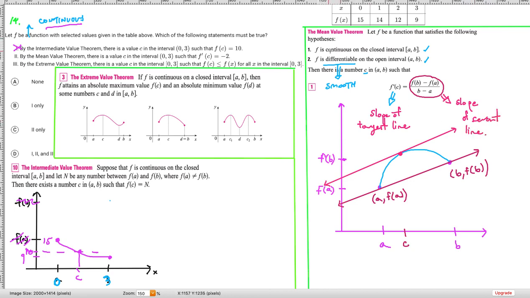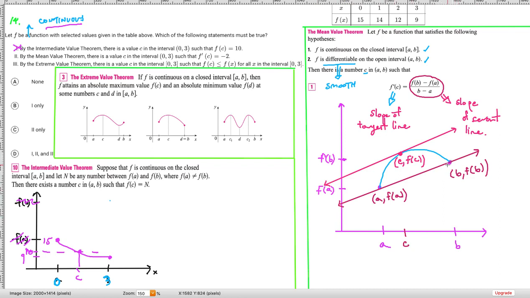And what the mean value theorem states is that if f is continuous and differentiable between a and b, so it's smooth and continuous between a and b, then there must be some point c where the slope of the tangent line at that point, c comma f of c, is equal to the slope of the secant line.